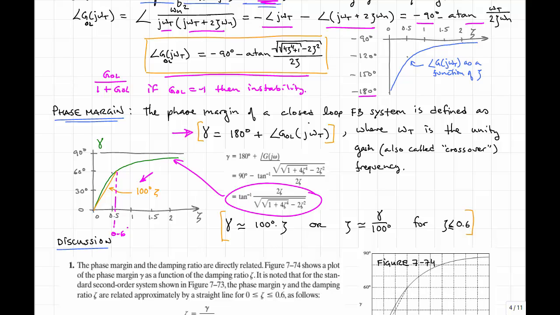So the lower values of zeta is where we will want to be using this phase margin expression, and for that we can use this approximate form. If we can determine the phase margin, then we can use this approximation to estimate zeta from the phase margin.